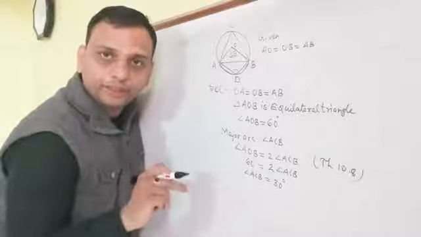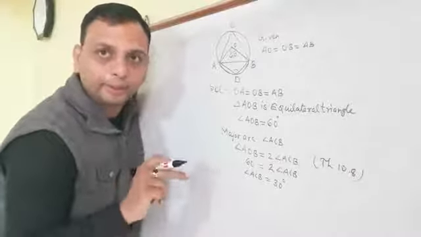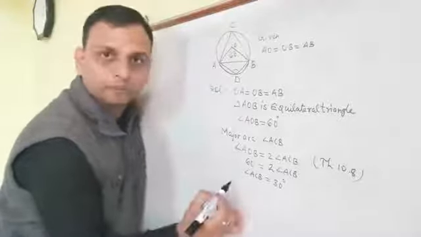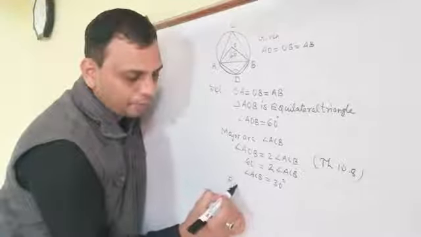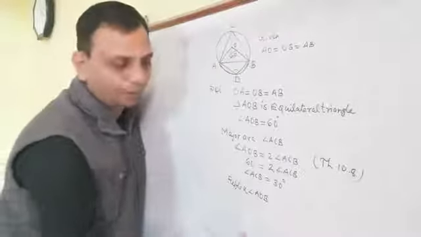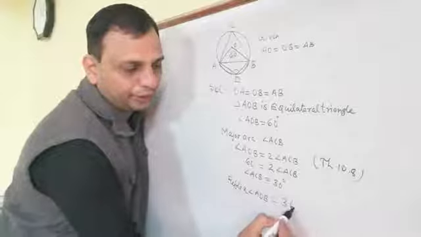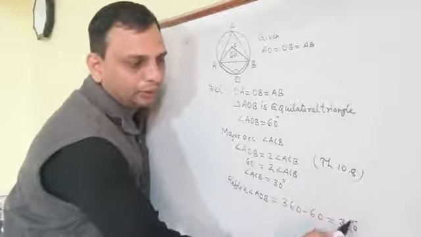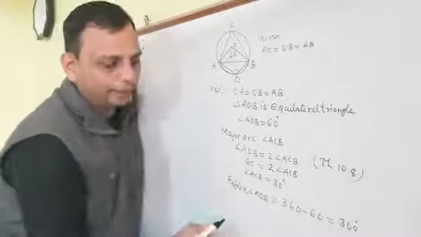So how to find the reflex angle? I already told, 360 minus 60 degree. So reflex AOB is equal to 360 minus 60 degree is equal to how much? 300. Now we will apply the theorem.